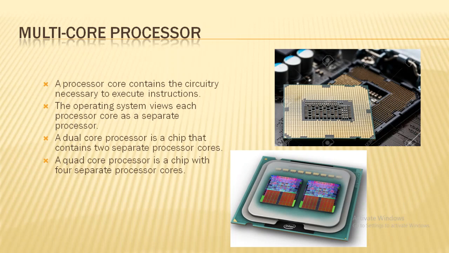But the operating system treats every core as a single processor, and it improves system performance if you have a multi-core, dual core or quad core processor in your computer. Every core contains the circuitry necessary to execute instructions.